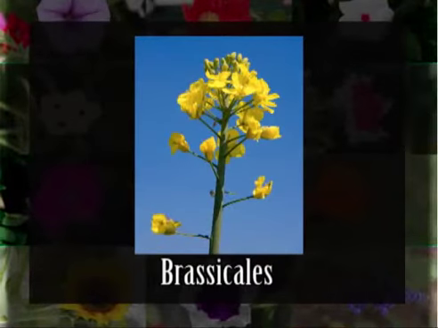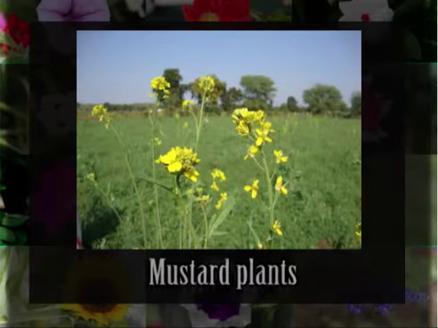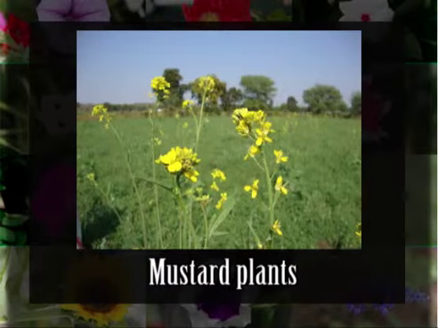This Malvales is again a large order wherein we have several families included. Malvales order is followed by one more order called Brassicales, the common Brassicaceae, or we have the Capparaceae, Cleomaceae. In Brassica we have the common mustard plants.